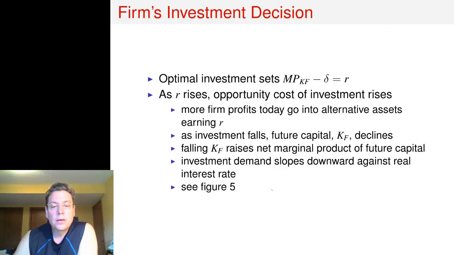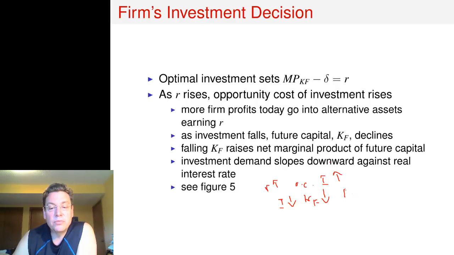Okay, so optimal investment then is going to set the net marginal product of capital equal to the real interest rate. As the real interest rate rises, the opportunity cost of investment also goes up, okay, because you could invest in buying bonds instead. So then that's going to reduce investment, which reduces capital in the future.